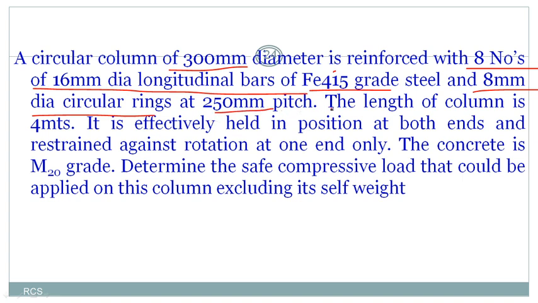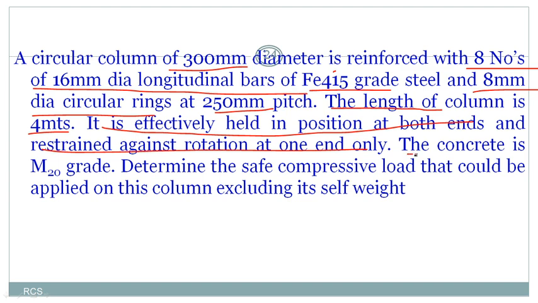The length of the column is 4 meters, and they have given a condition here: it is effectively held in position at both ends and restrained against rotation at only one end. That means one end of the column is fixed and the other end of the column is hinged. For that condition, we need to calculate the effective length.